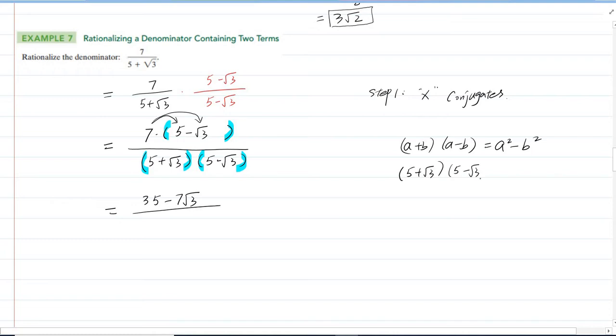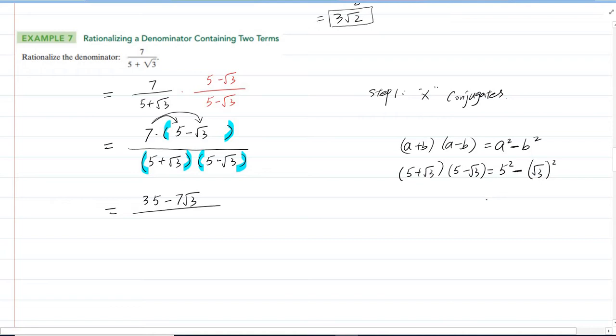You could use the full method to do this, but it takes too long, okay? So your a, if you compare, is just 5, that would be 5 squared. And then your b in this case is going to be square root of 3, because I'm just copying the formula right here, that's why you get a minus.